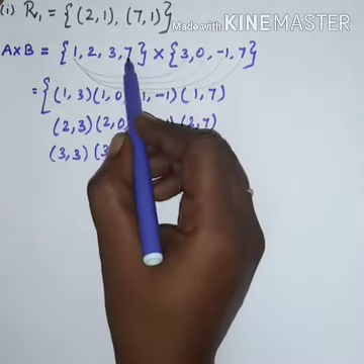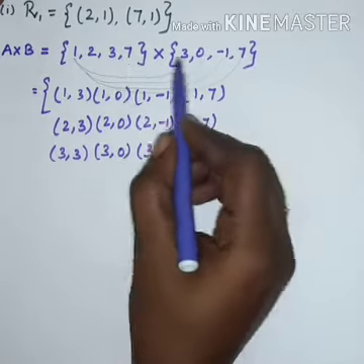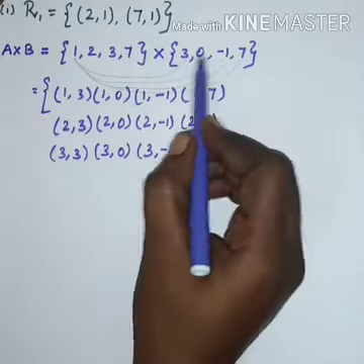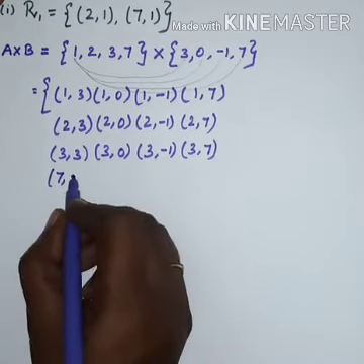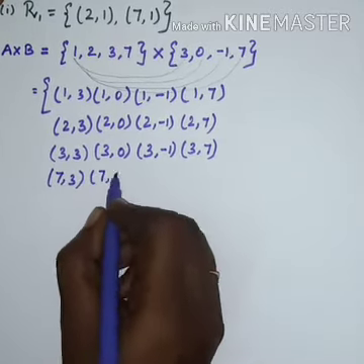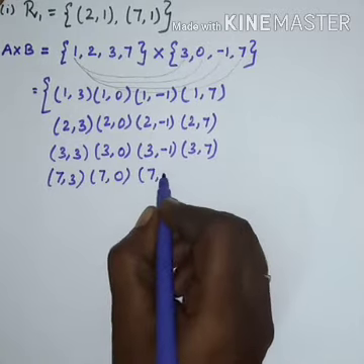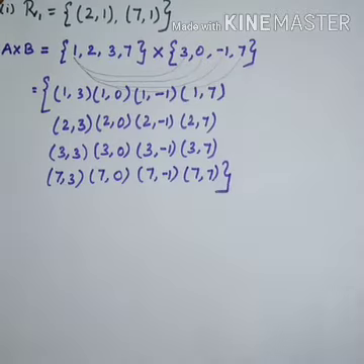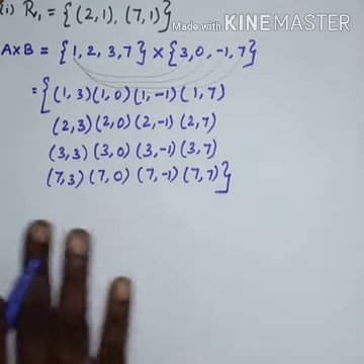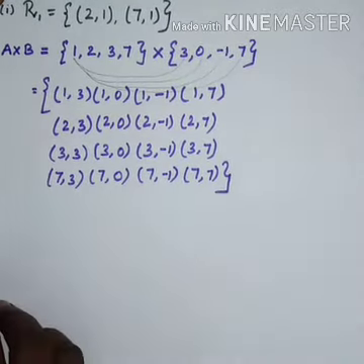And finally (7, 3), (7, 0), (7, -1) and (7, 7). Now we wrote the elements of A cross B.